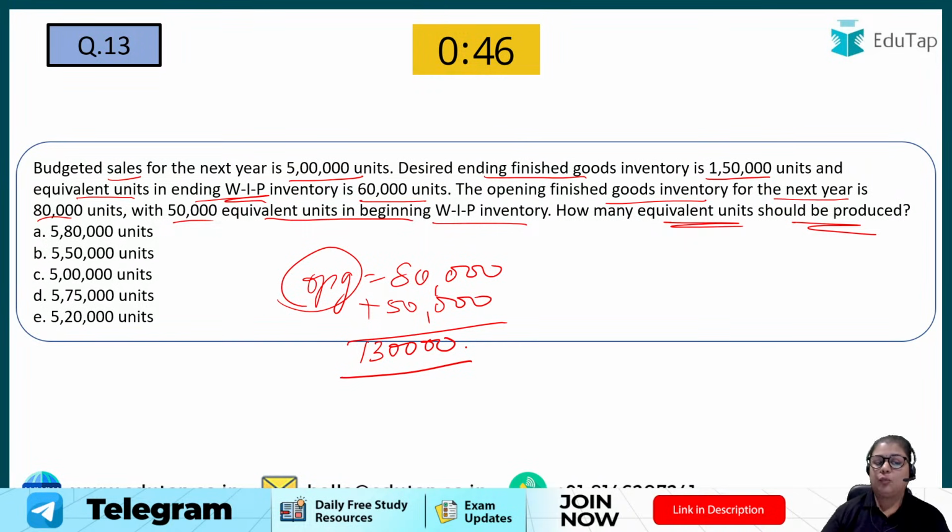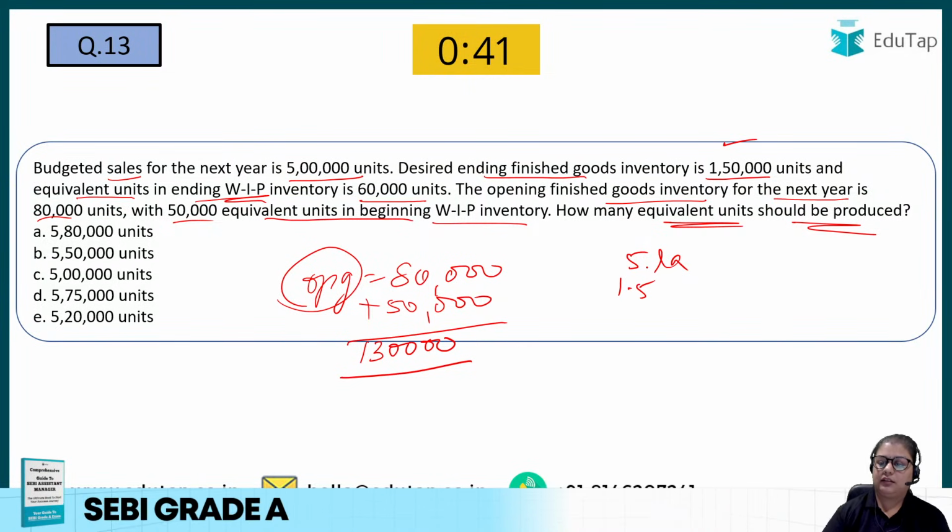And for the next year, how much do we want? We want 5 lakh plus 1.5 lakh and 60,000 units.